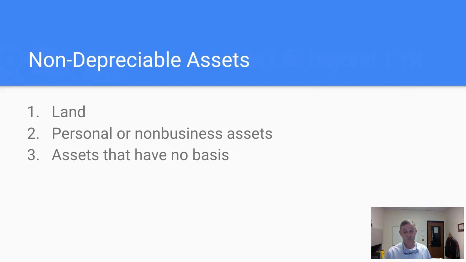What are some examples? Well, a gift is an item for which we would have no basis, so we can't depreciate that. This is such an important category to those of us in the livestock business: if we have already expensed out everything that goes into the production of a breeding female, then we can't depreciate her over time.